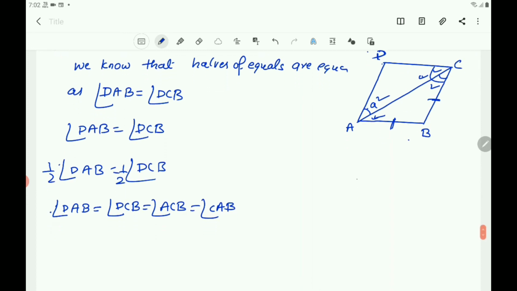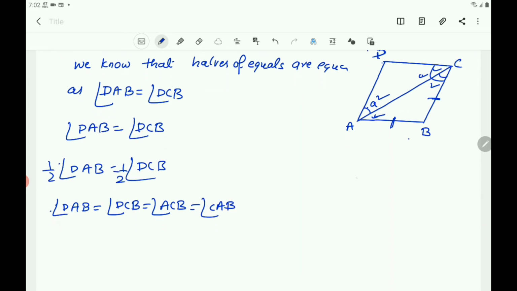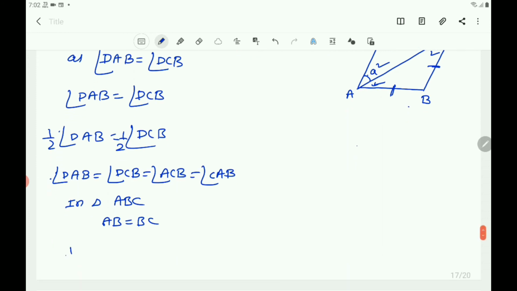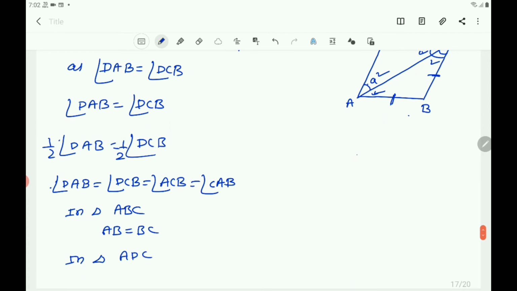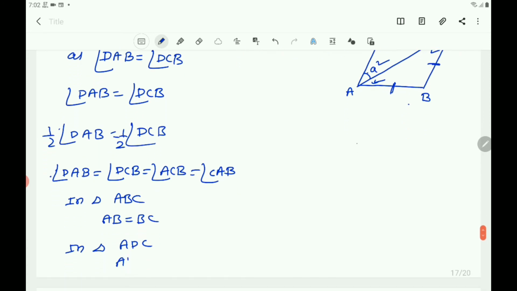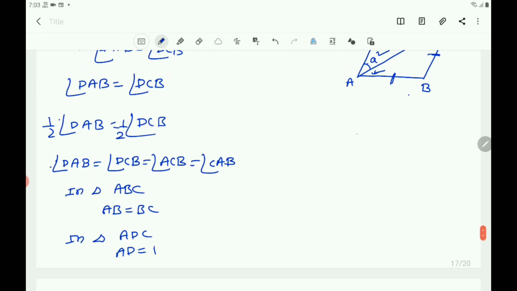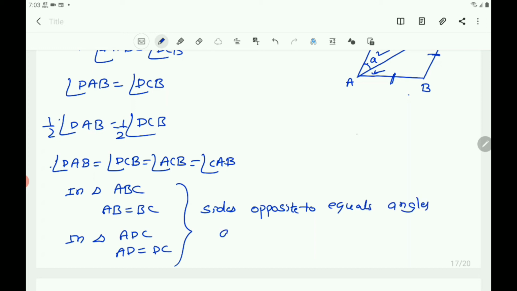In triangle ABC we get AB equals BC, and in triangle ADC we get AD equals DC. The reason: sides opposite to equal angles are equal.